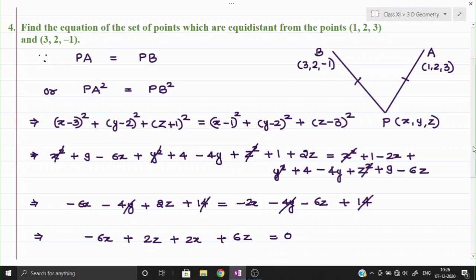Suppose the z coordinate is 3, then the x coordinate will be 6, or if the z coordinate is 5, then the x coordinate is 10. Means the coordinate can be in the form, suppose this one is a, then this is 2a, this is 0, and it will come in this form particularly.